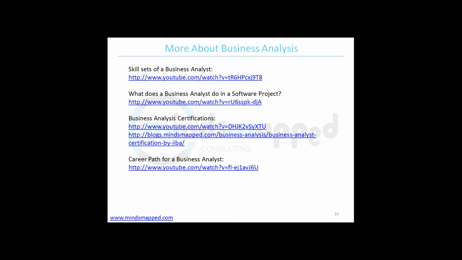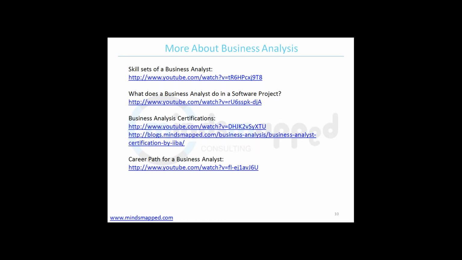You could do these certifications, so that would be an added advantage for you. They are internationally recognized. And you could also go for certifications like Certified Scrum Master or Certified Scrum Product Owner. Of course, that could be at an advanced stage when you have enough experience as a business analyst. That would be really an added advantage for you.